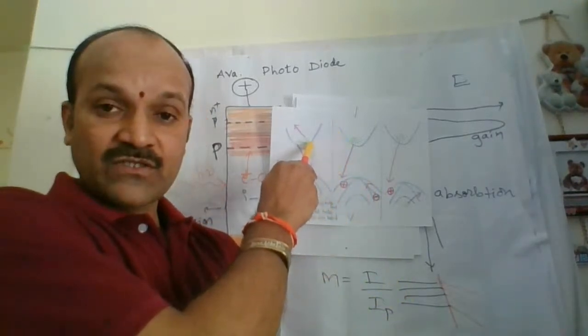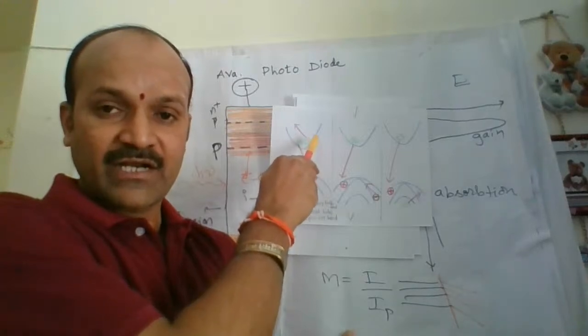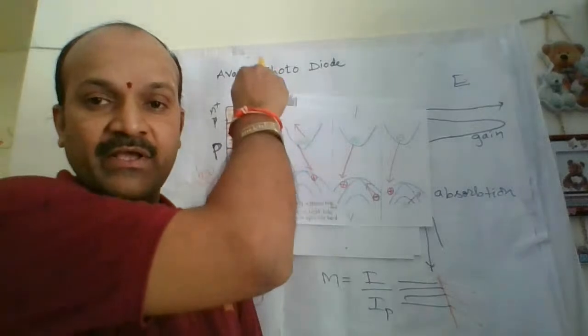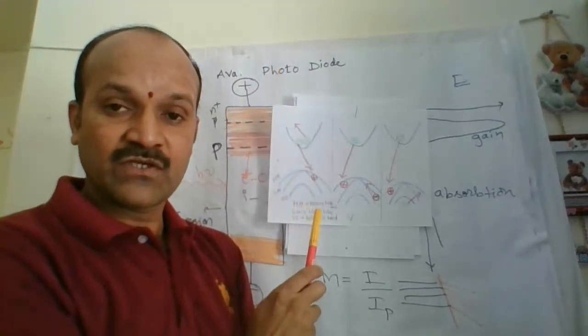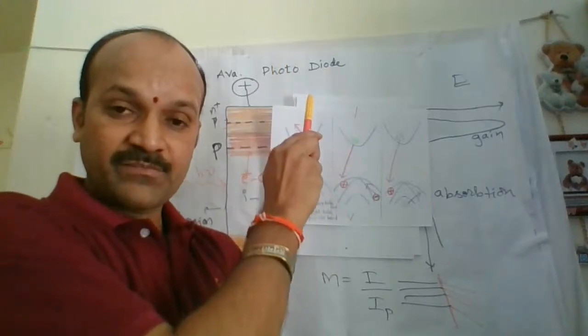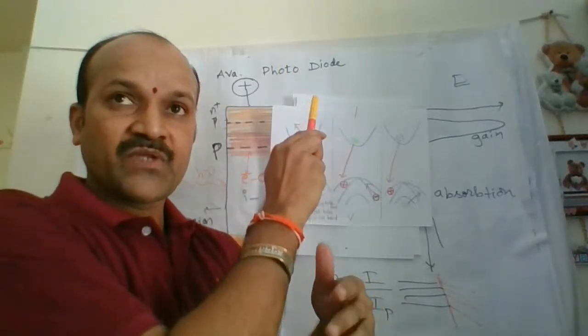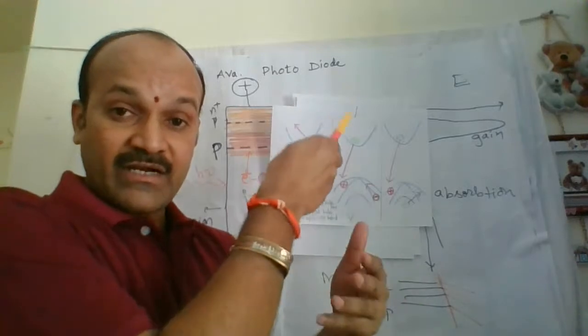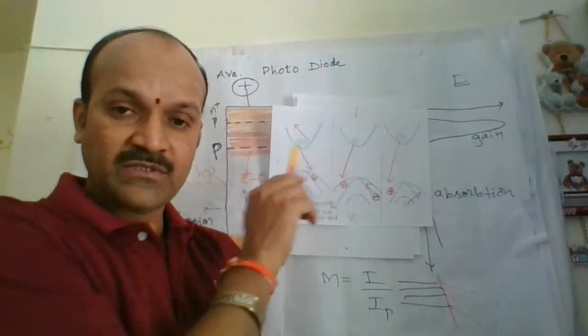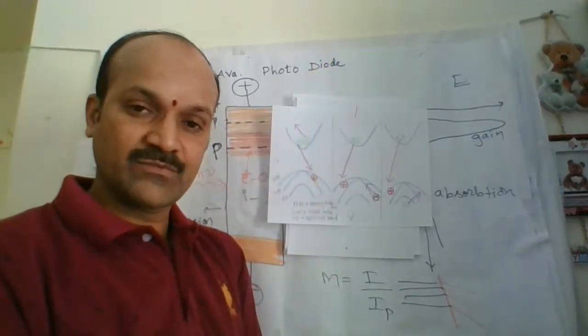Then this gets energy in the form of kinetic energy. Due to that kinetic energy, it will be raised to higher energy levels in the same band. After being raised, its higher energy is given out as thermal energy and it comes down, and again occupies its original state.